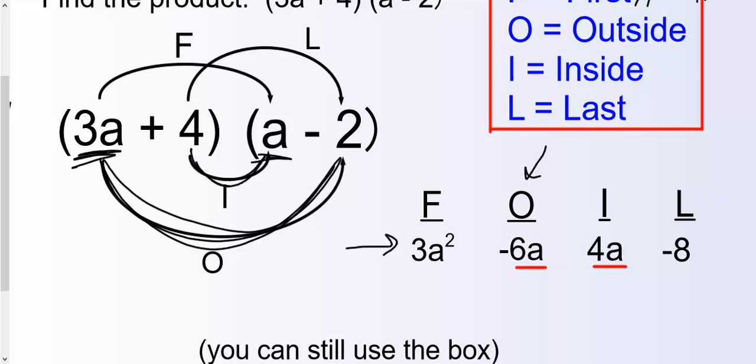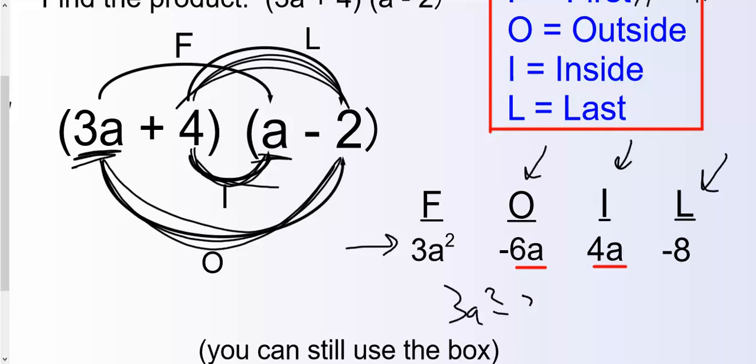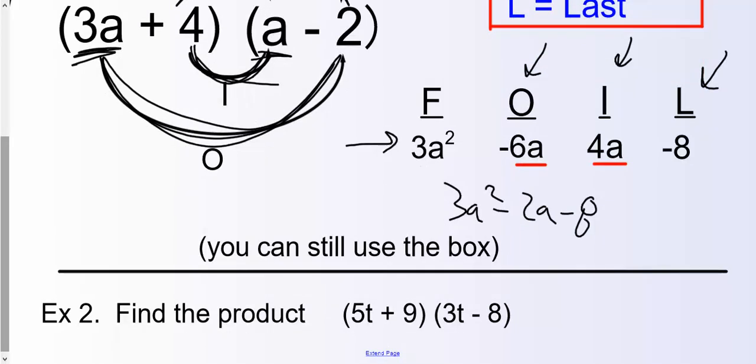Inside, the inside numbers in parentheses right there, 4 and a is 4a. And then last is the 4 and the negative 2, that's the negative 8 right there. And then you combine like terms: 3a squared minus 2a minus 8. So that's another method that some students like rather than using the box.